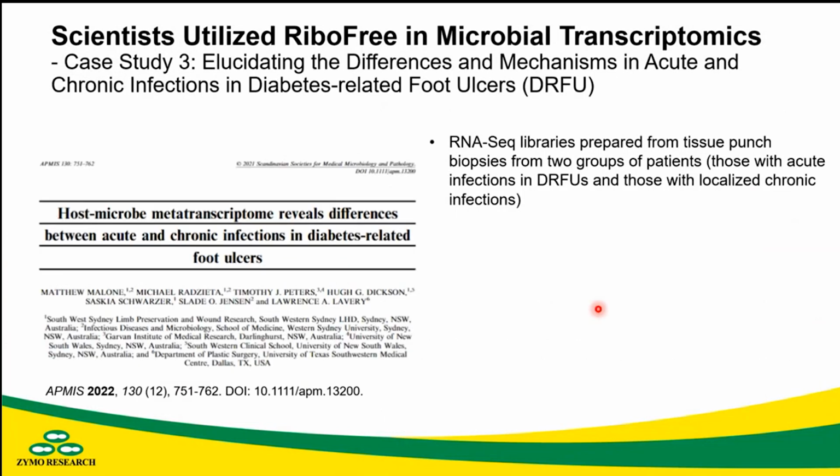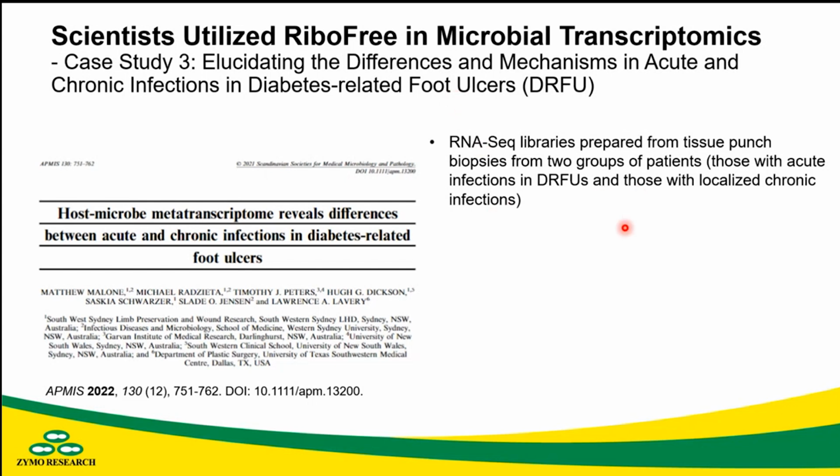Okay, so now we have a single strain. We have virus. How about when things involve host? And indeed, among those publications utilizing ribofree, there is such a use case. This is about host microbe interactions in patients with diabetes-related foot ulcers.